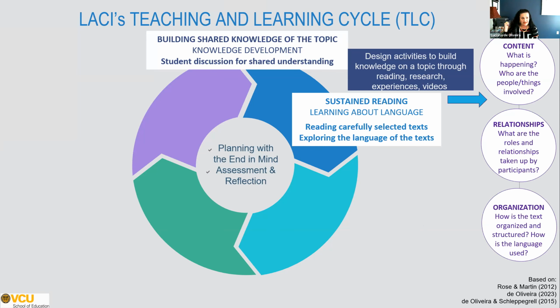And I talk about it in the Lacey book and also in other publications I've had. We talk about looking at content, relationships, and organization. And we have different areas of meaning. These 3 areas of meaning, we have a different language focus for each one of them.